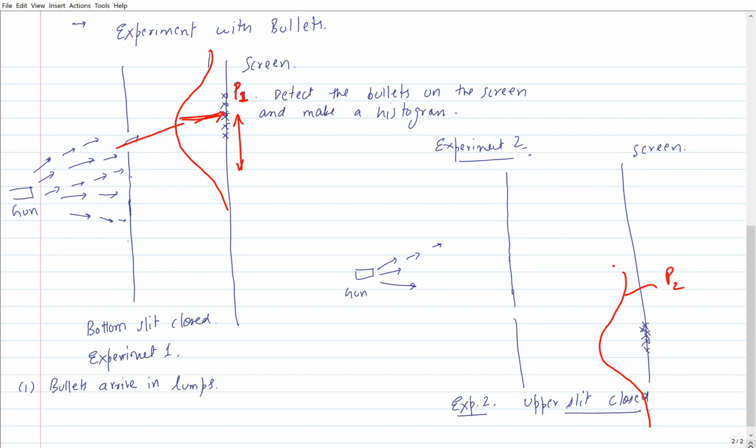So, for example, there is not a case that I get 0.7 of a bullet or 0.3 fraction of a bullet. Either I get a bullet at a particular point or I don't get a bullet at a particular point. So we don't observe, let's say, 0.7 of a bullet. And we get a probability distribution P1 and P2 in each case. So that was my experiment.